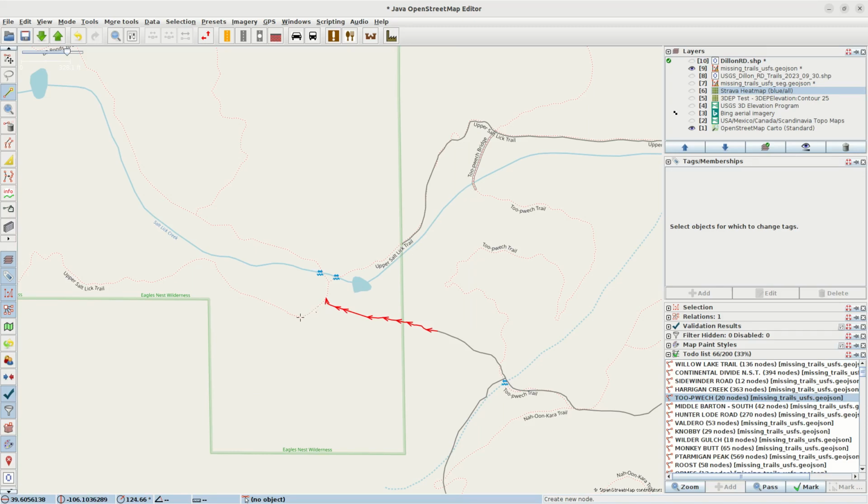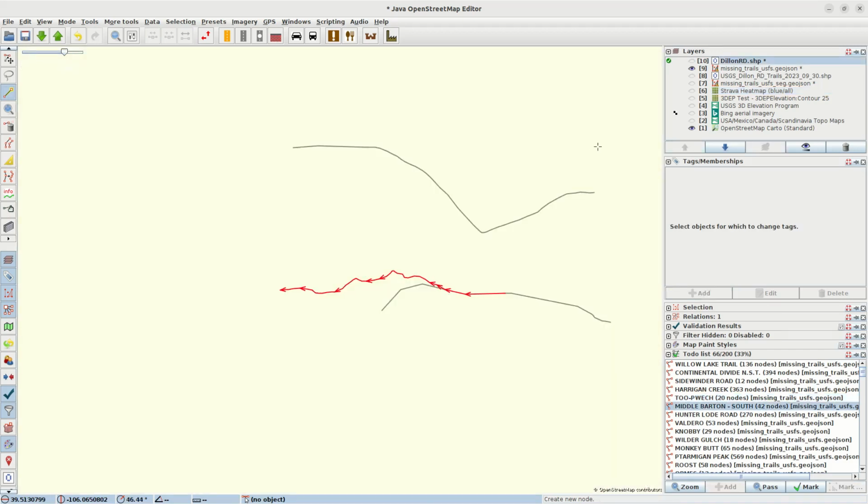Now, if we measure the distance between the intersection between the Toopech Trail as depicted by the Forest Service with the Upper Salt Lick Trail and the Toopech Trail as depicted by OpenStreetMap with the Upper Salt Lick Trail, that distance is about 1,500 plus feet.